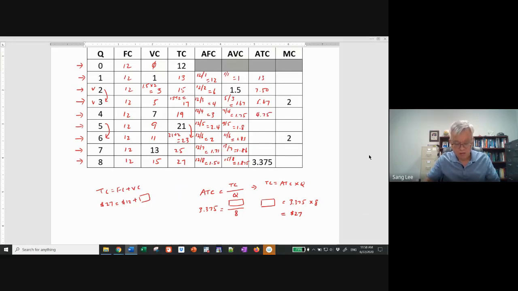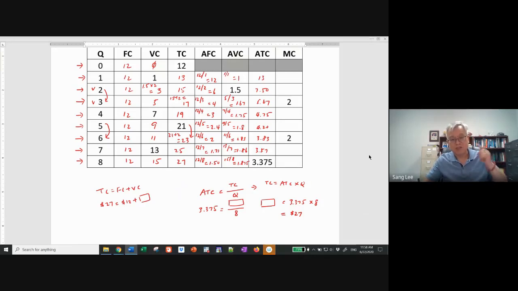And this will be $4.20. And this will be $3.83. And this one is now what? Approximately $3.57. And $1.50 plus $1.875 is what? 3.375.